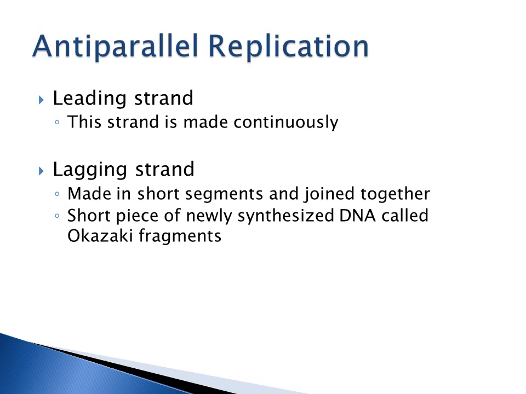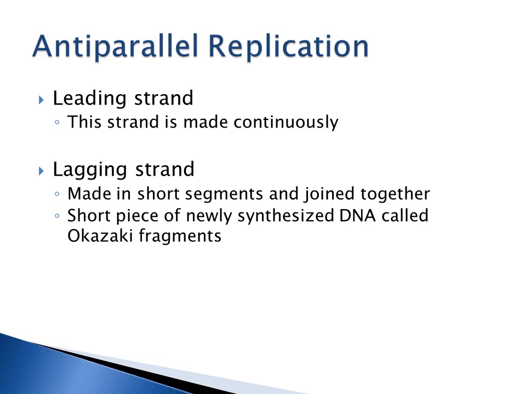So we already said DNA is antiparallel. We have a leading strand and a lagging strand. The leading strand DNA is replicated continuously, and the lagging strand is not replicated continuously. So short segments are being made, but not continuously moving along that strand.